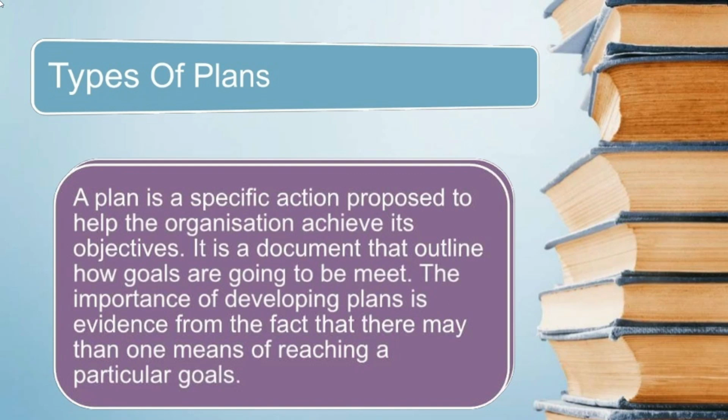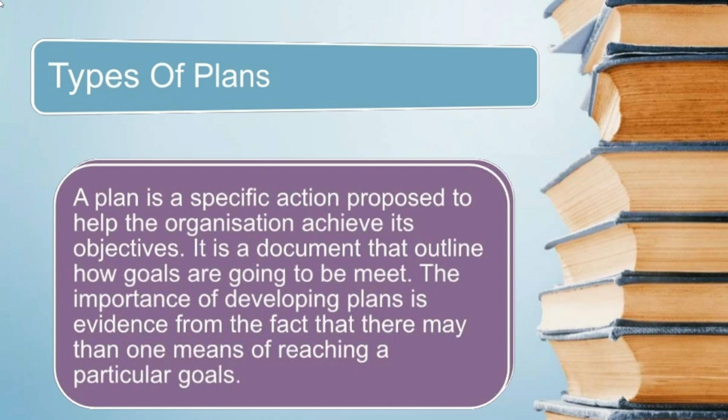Now in this slide we are going to talk about types of plans. So plans are broadly put into two categories. One is called as a single use plan and the other is called as standing plan. Now let us elaborate on the first one, that is single use plan.